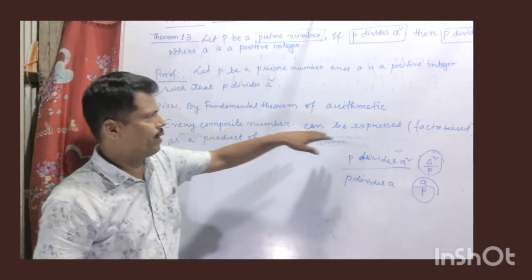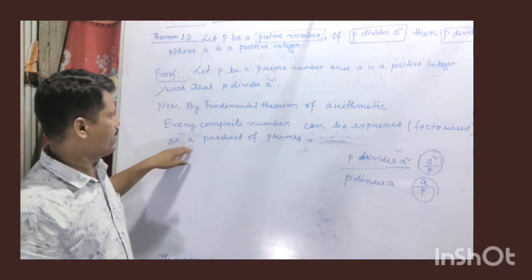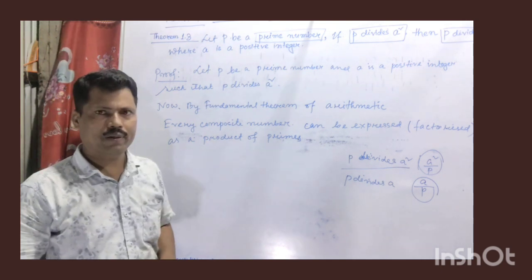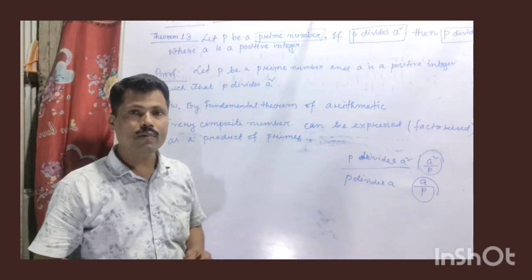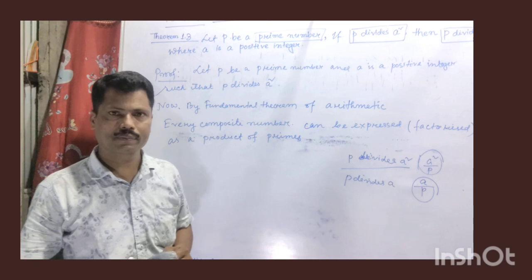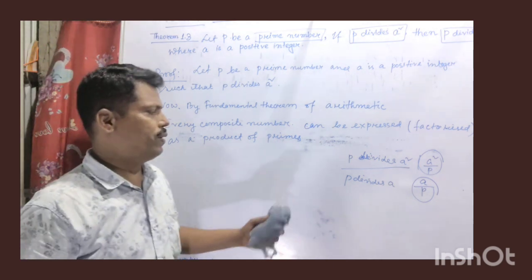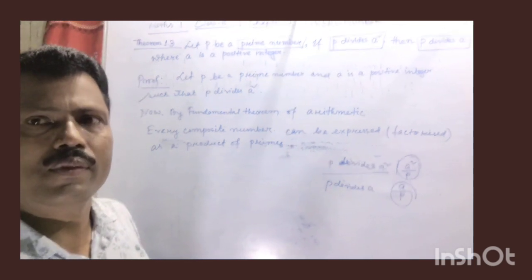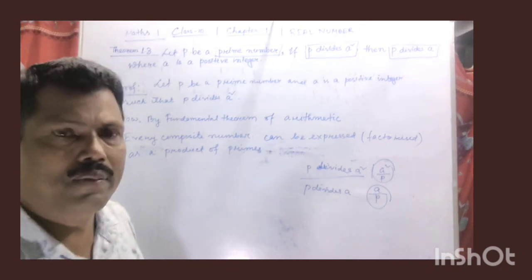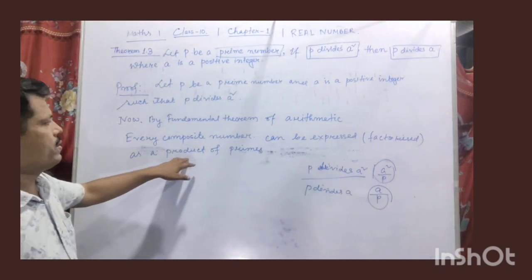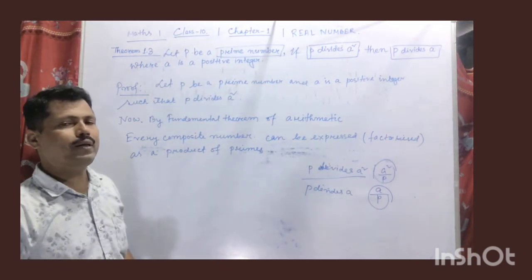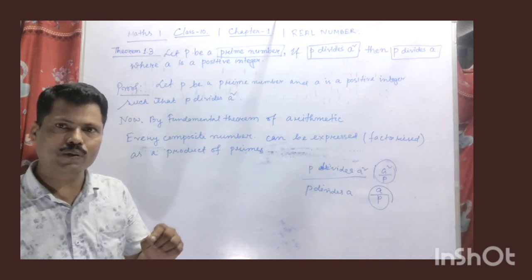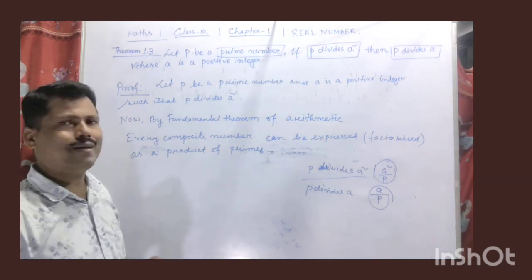Every composite number can be expressed or factorized as a product of prime numbers or primes. What is a composite number? A composite number is a positive integer that has more than two factors, including 1 and the number itself.